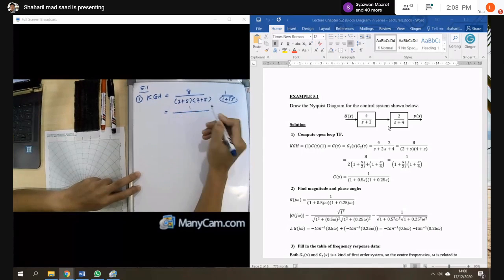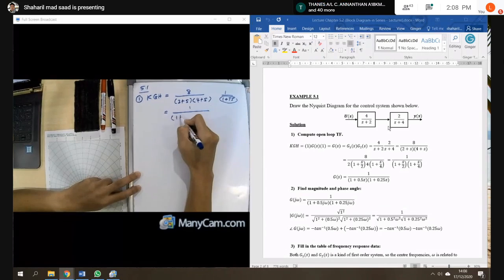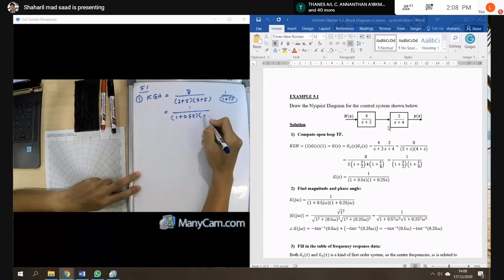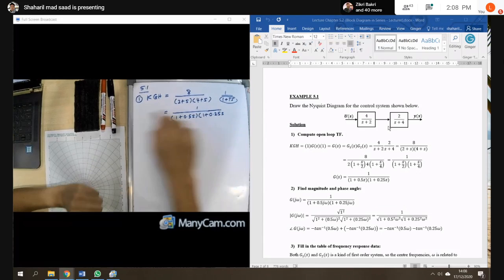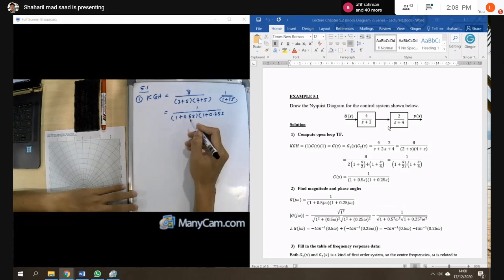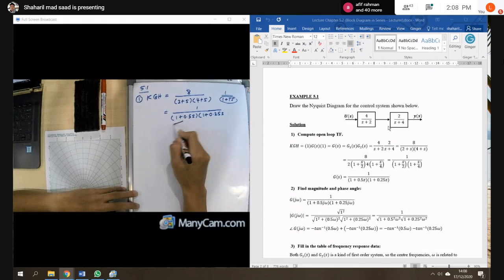After that, we got 1 plus 0.5s and 1 plus 0.25s here. So we make it in this format, Ts here.